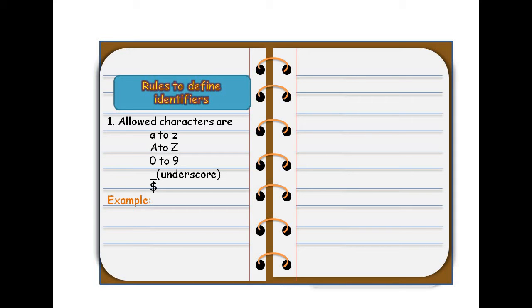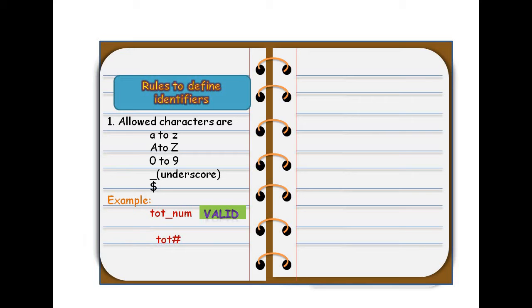Example. Here I have defined a variable tot underscore num. Underscore is a special symbol which is allowed in Java. So it is a correct identifier. This one is a valid identifier.